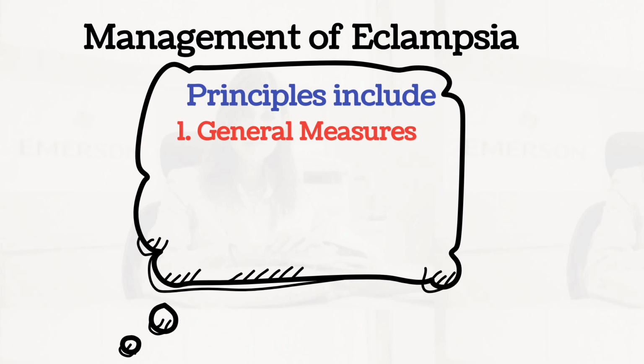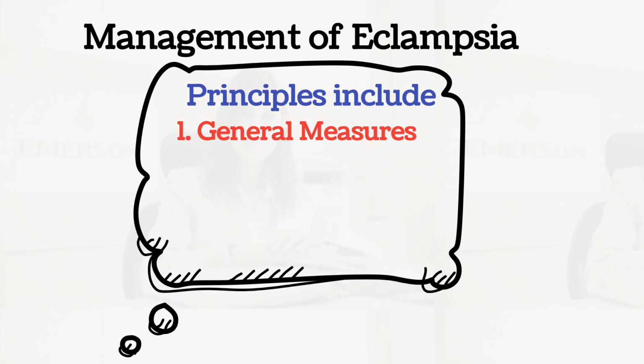You have to do a head down tilt to help the drainage of bronchial secretions. You have to frequently change the position of the patient. You also have to keep the upper respiratory tract clear by aspiration of mucus through a plastic airway. You can use your pharyngeal airway to even keep the tongue from falling back.